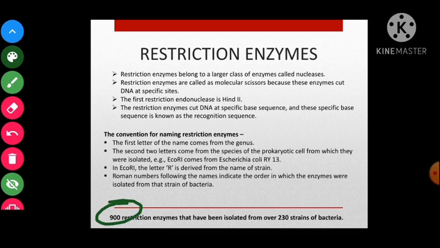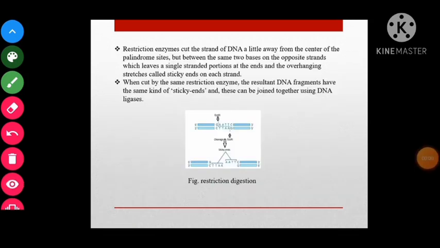So these restriction enzymes identify specific palindromic DNA with rotational symmetry and cleave DNA with the specific sequence having similar nucleotides on the opposite side. Right? More than 900 restriction enzymes have been isolated from 230 different strains of bacteria. Right? Now let us look at the mechanism of action of restriction enzyme.